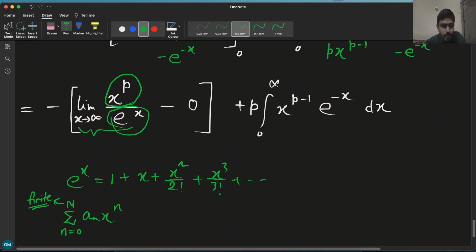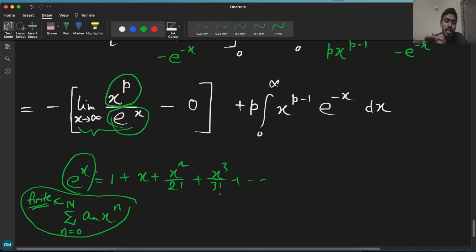When x goes towards infinity, this polynomial will also go towards infinity, and e to the power x will also go towards infinity, but much faster than this polynomial. It's because in the expansion of e to the power x, all kinds of powers of x are present. There will be an infinite number of terms for which x has a power higher than this capital N.